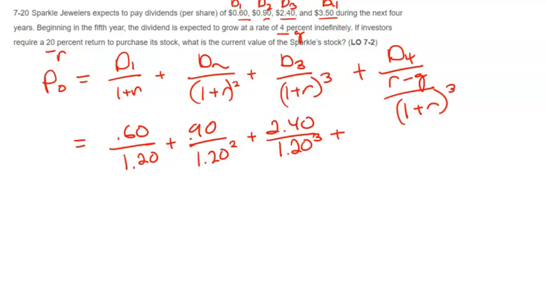Please Google PEMDAS, and that stands for parentheses, exponents, multiplication, division, addition, and subtraction. So that is the order of operations, and if you Googled it, it might help you understand how you're supposed to go about doing this.